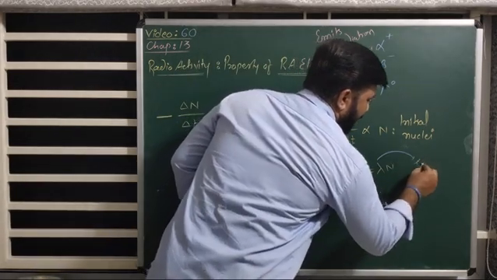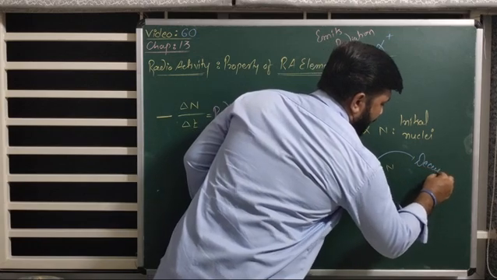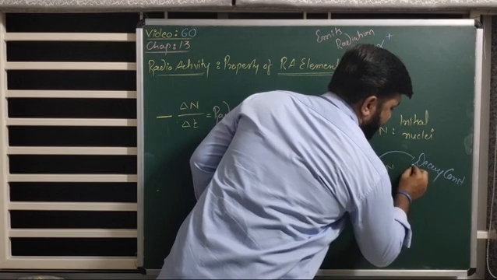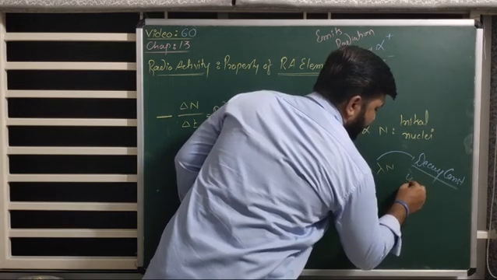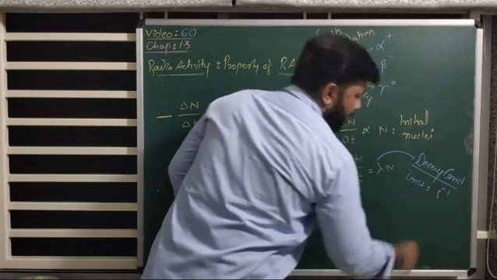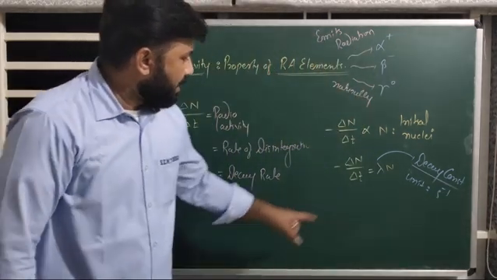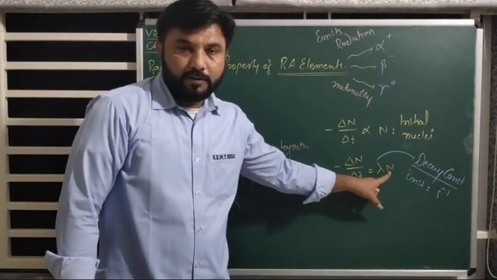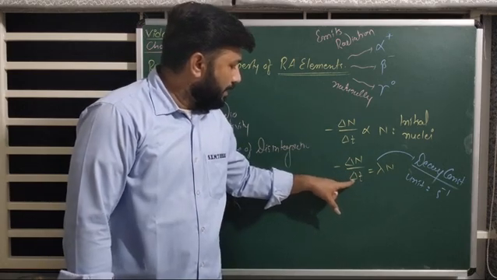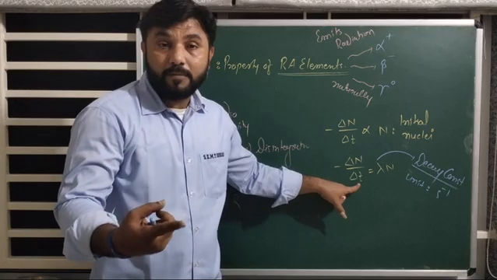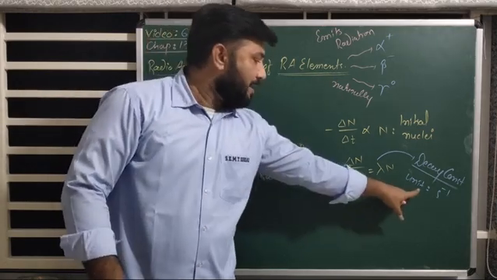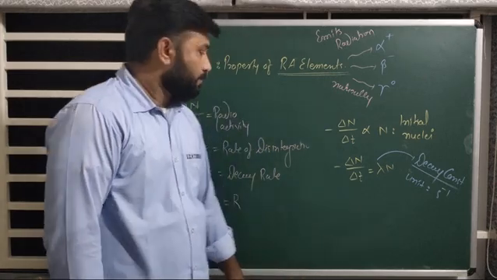Lambda is nothing but the decay constant, and it has unit second inverse. See, a number does not have any kind of unit. Delta t is a change in time, in seconds, taking the second upside, it is second inverse.